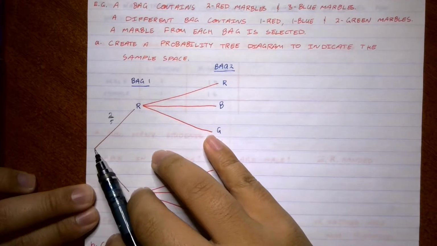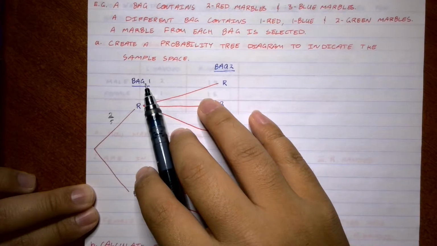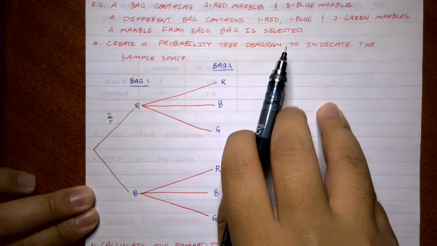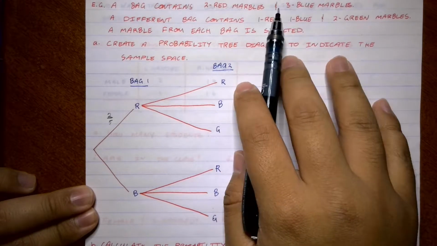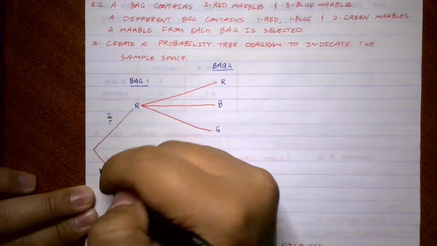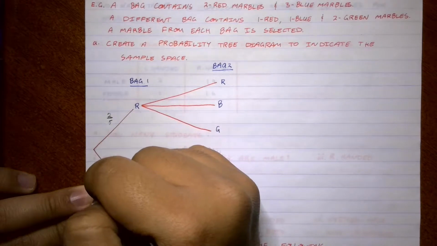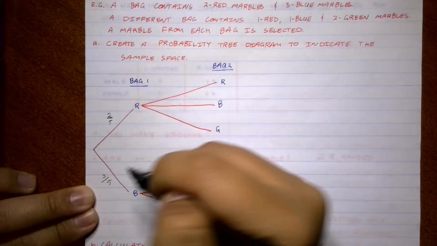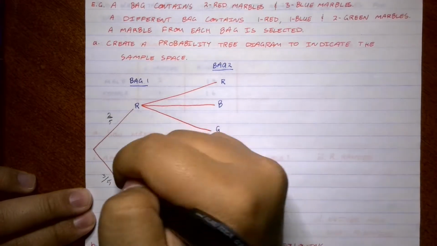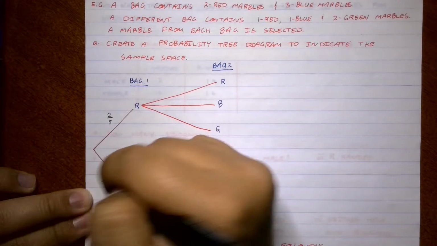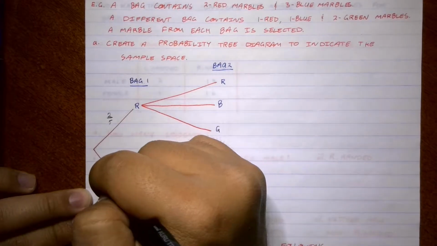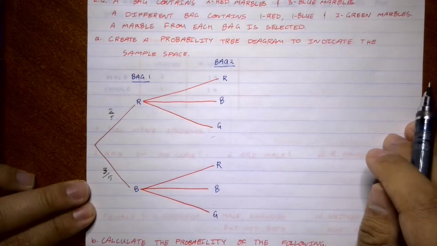So the probability of picking red in the first bag is 2 in 5. The probability of picking the blue marble should add up to 5, so that's 3 in 5.